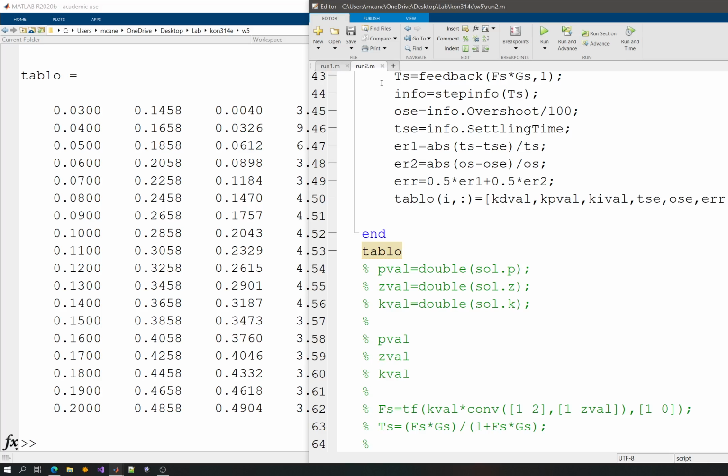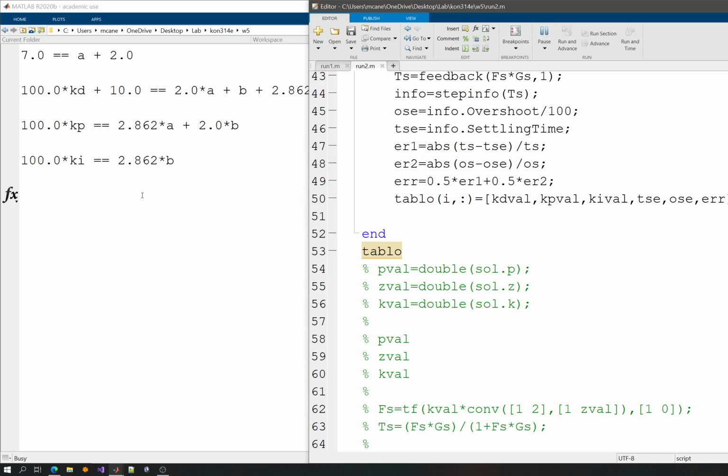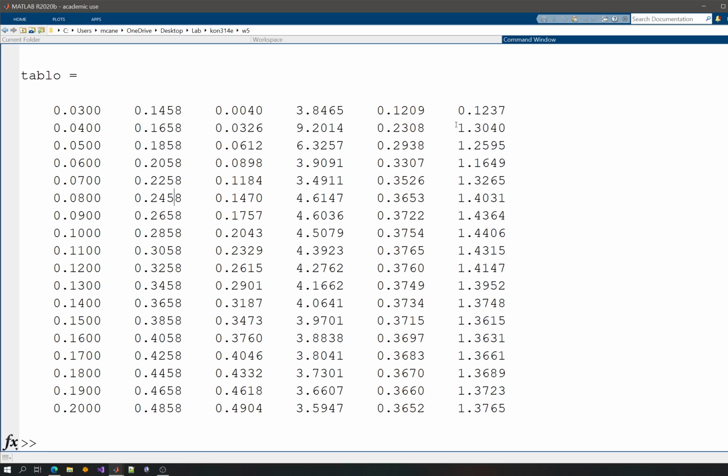So basically, looking at the table now will show me just one indicator that assigns both settling time and overshoot 50% of indicator weight, and I have the ideal solution, which is this one here. And then my solution becomes more ideal.